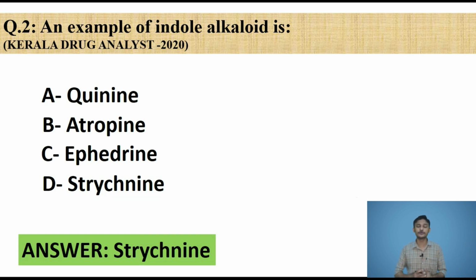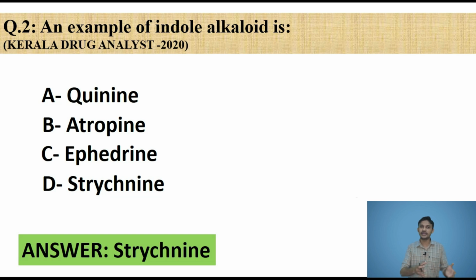Next one is isoquinoline alkaloids. The drugs coming under isoquinoline alkaloids are ipecac and opium. Ipecac contains emetine, then opium, that is papaverine. Now next one is quinoline alkaloid, important drug, Cinchona, quinine and quinidine, anti-malarial drug. Then tropane alkaloid.